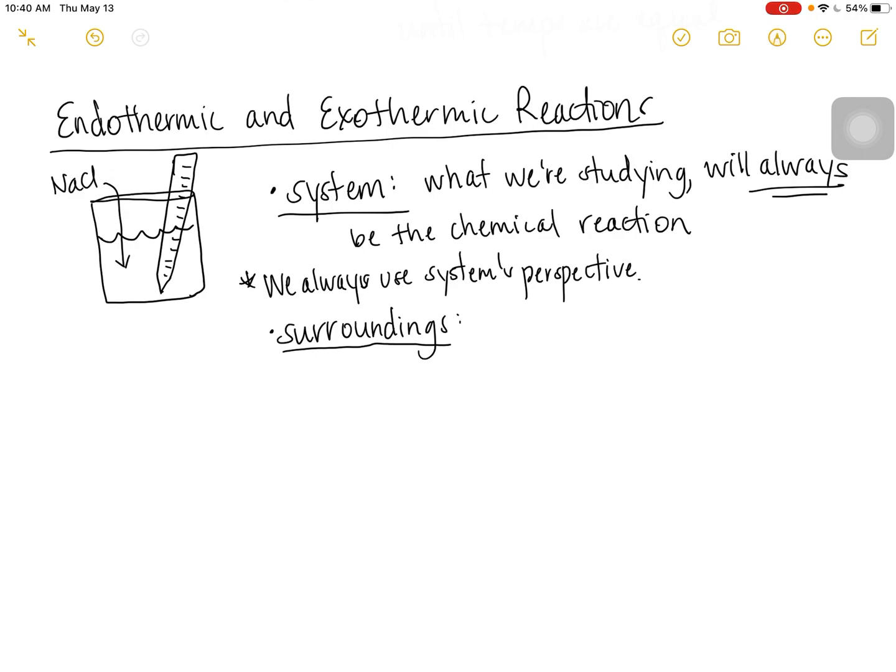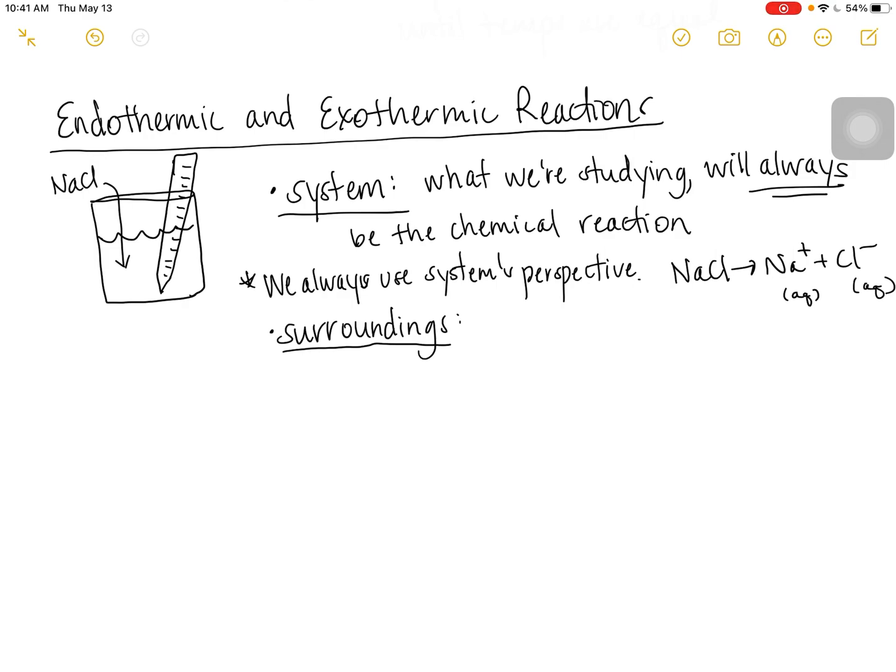So in this case, the reaction, I mean, we've talked about this a little bit, the water here is really not reacting. It's just the sodium chloride that's going to undergo an ionization reaction. So in this case, the system would be just the ionization of sodium chloride. That's it. So the system is the chemical reaction, period, all the time.